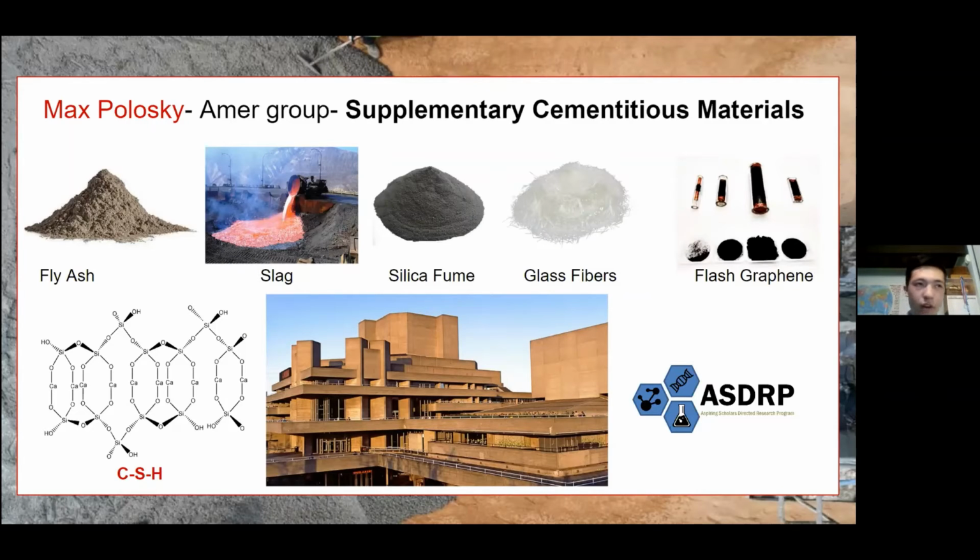So first of all, we have fly ash, which is a fine powder-like substance which is produced as a byproduct when we burn coal. And it can replace about 30% in weight of Portland cement. Now, there are two types of fly ash that are commonly used as an SCM.